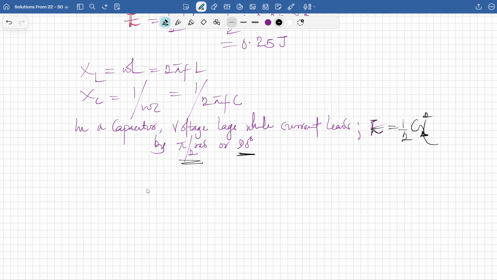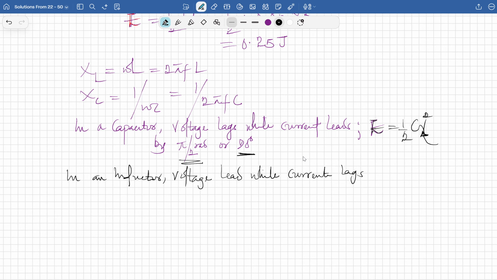While in an inductor, you expect voltage to lead, while current lags.